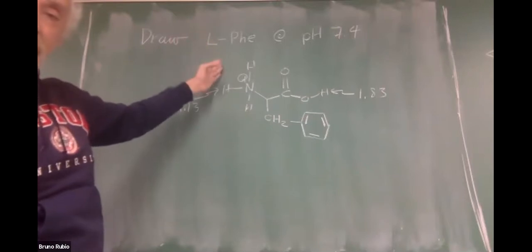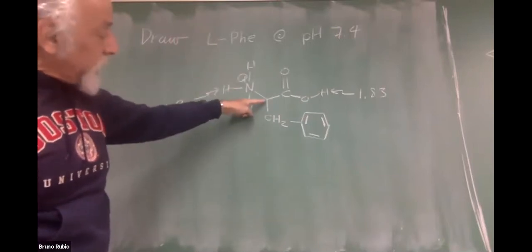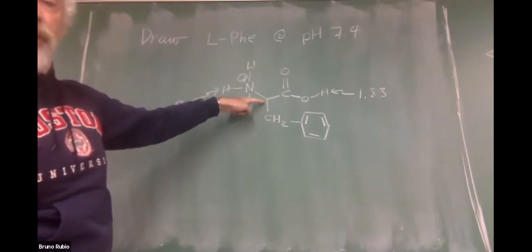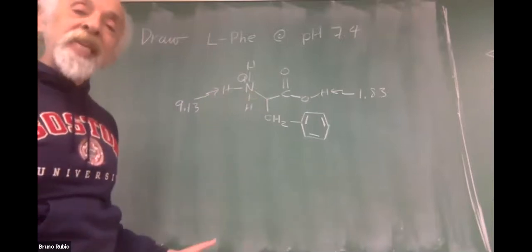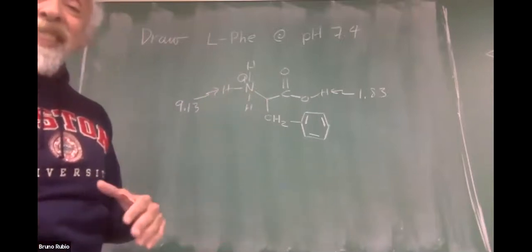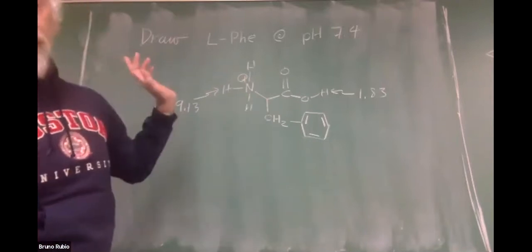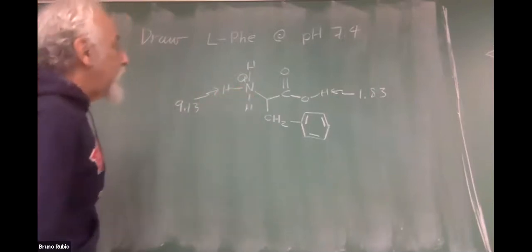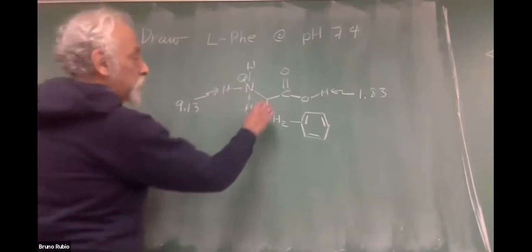This is the kind of amino acid that you find in protein. So there's the alpha carbon. I need to draw the S absolute configuration there. The only exception to this would be L-cysteine, L-CYS, which has the R absolute configuration there. But this is going to be S. So I need to draw the S absolute configuration.